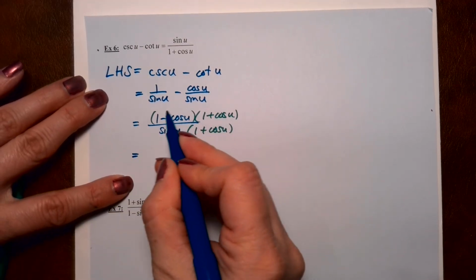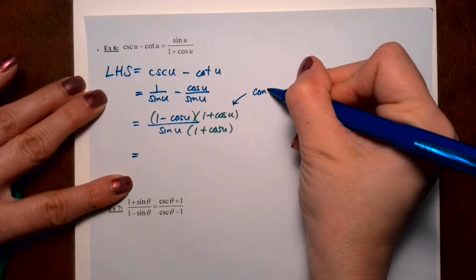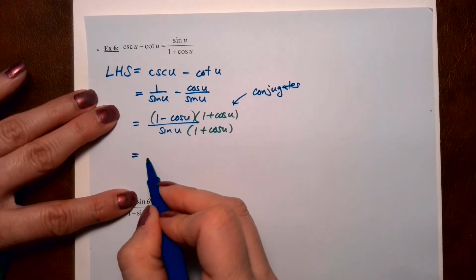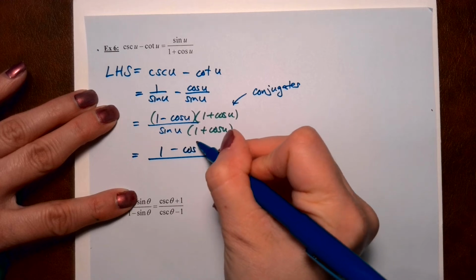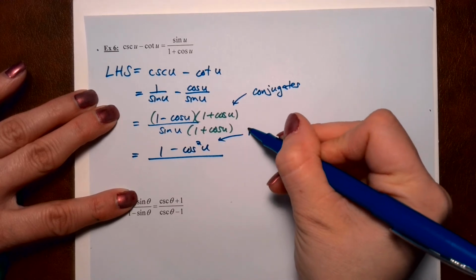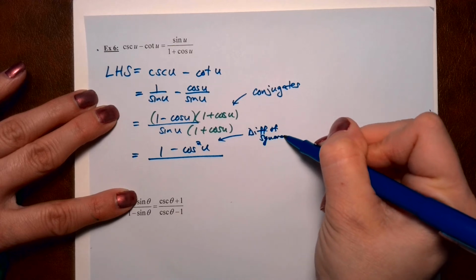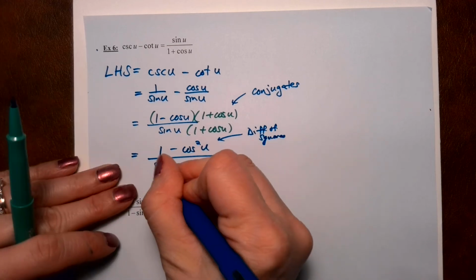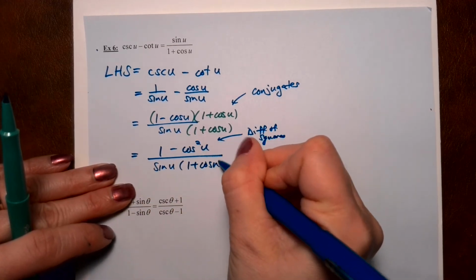The reason you multiply by conjugates is they multiply so nicely. They're going to make a difference of squares. And in the denominator, I'm just going to leave that factored like that.